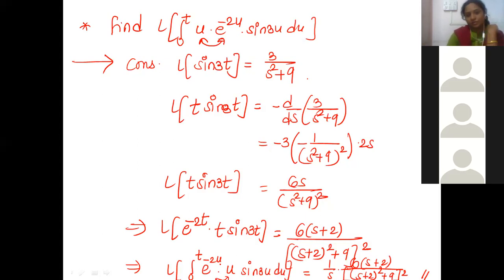Is there any doubt? Okay, we'll take one last question on Laplace and then we'll go to inverse Laplace.